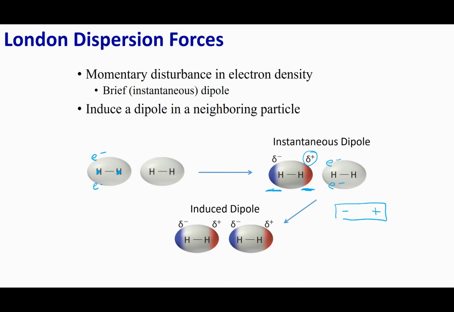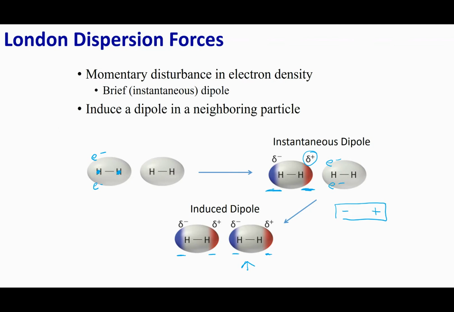If that occurs, then my electrons are going to slosh over here, and I'm going to have a positive end to my molecule, so I'm going to create an induced dipole. So this instantaneous dipole creates an induced dipole, and now for an instant, I have two bar magnets. If this is the case, these two molecules can attract each other.